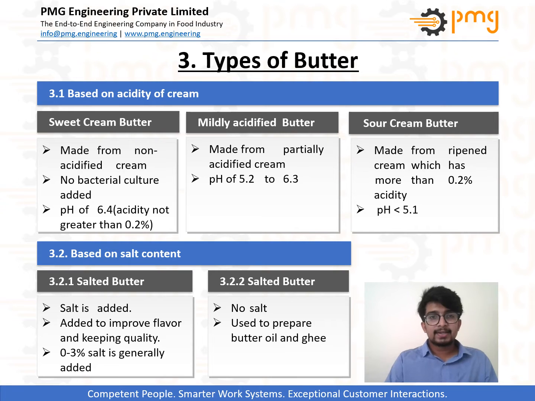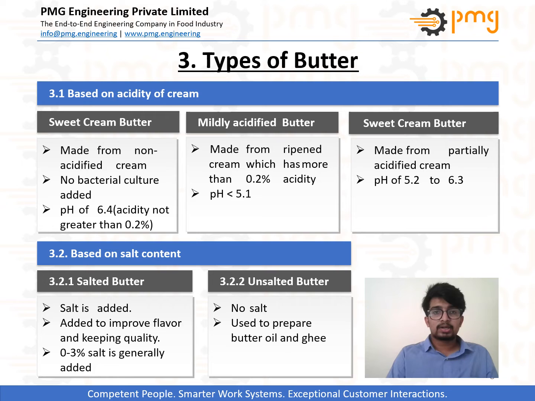The acidic content in any dairy product is determined majorly by the percentage of lactic acid present in it. The difference between these butters is due to the use of cream with high or low acidity. Thus, this step will be discussed in detail in coming slides.